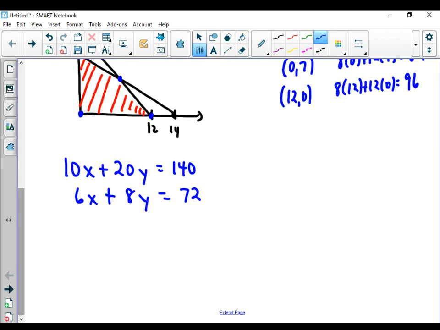This is kind of set up for an elimination problem. If I were doing this one, I would probably multiply the top by 3, multiply the bottom by 5. That way I can get my x's to match.